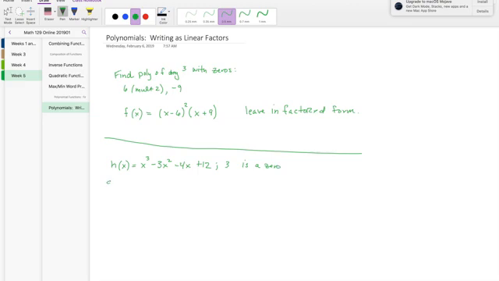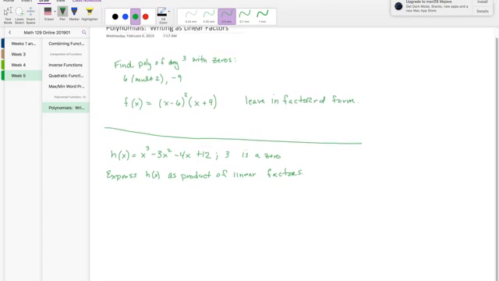And now I want you to express this polynomial h of x as the product of linear factors. All right, so let's think about exactly what this means. Really, what this is asking you to do is taking a polynomial that you may or may not know how to factor.